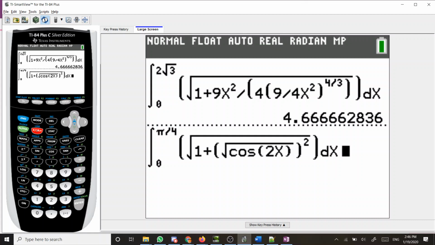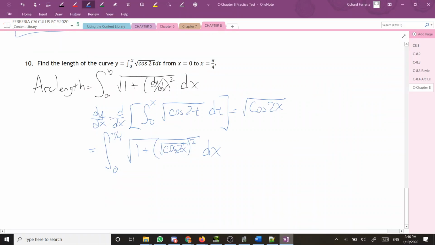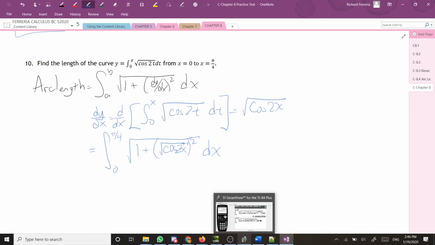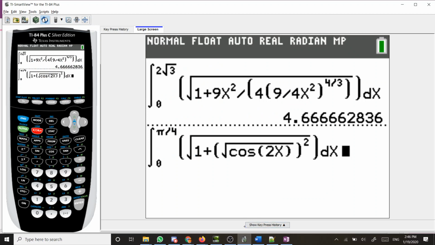Let's make sure that looks like what we want. Quantity of root cos 2x squared.